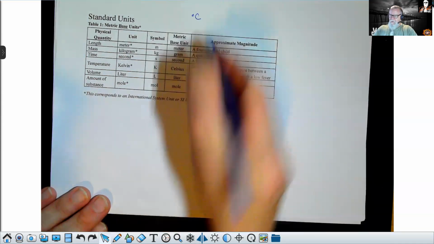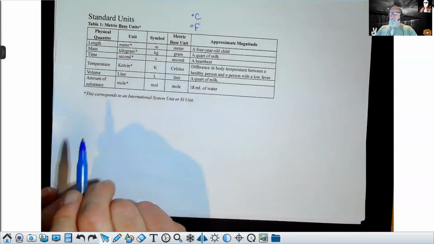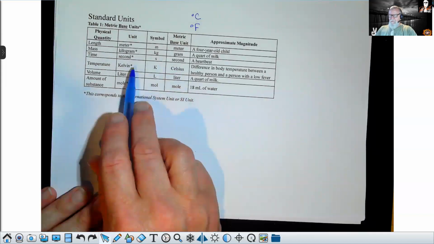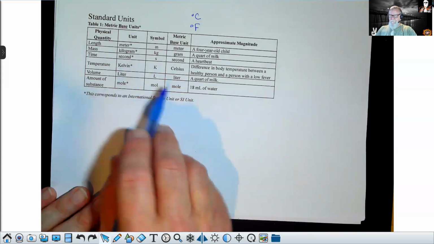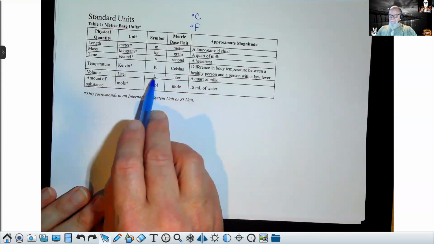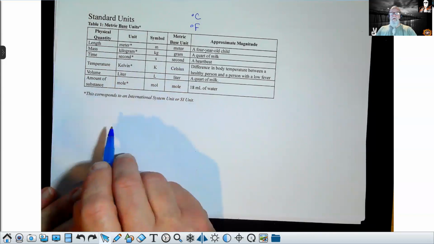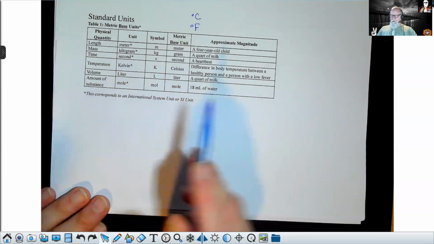Just like Fahrenheit is degree F, but Kelvin does not have a degree symbol because it's an absolute temperature. Then with volume, it's just going to be the capital L for liter. And for the amount of substance, the symbol for mole is MOL. We just dropped the E. Okay, so that's our units.